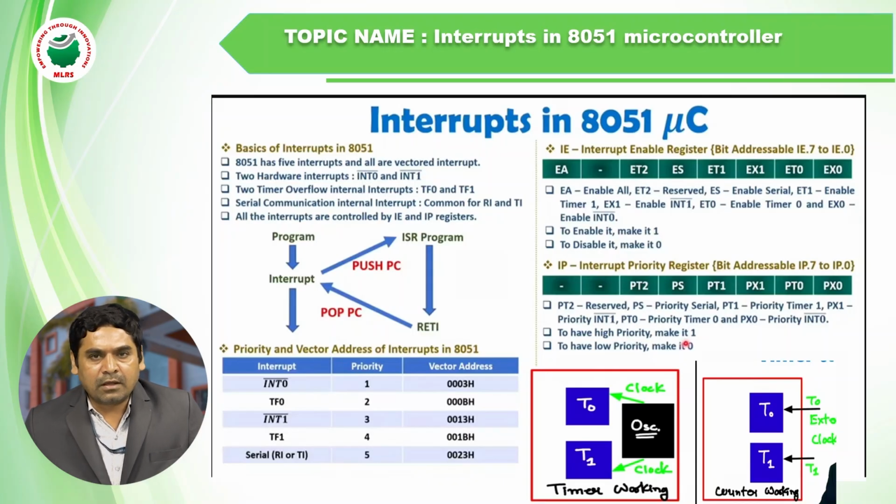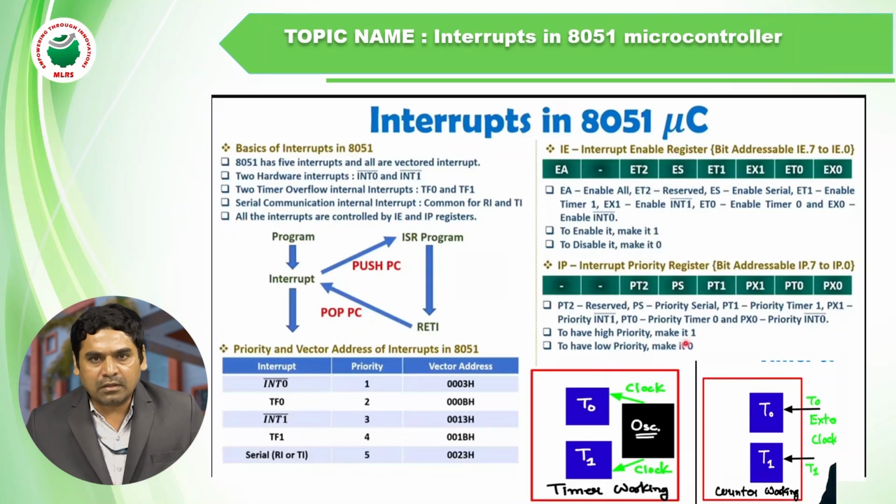In a similar manner, the second priority is TF0, which is a software interrupt, and its vector address is 000BH. The third priority is INT1 bar, and its vector address is 0013H. The fourth priority is TF1, and its vector address is 001BH.